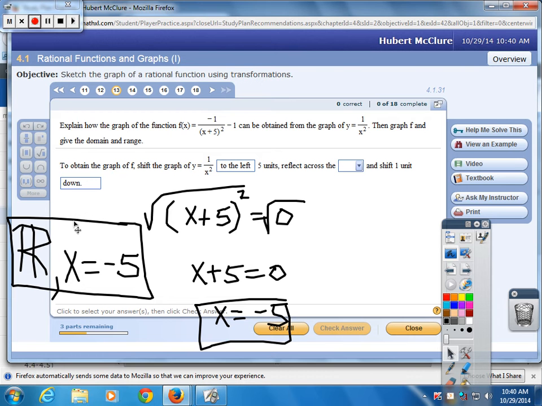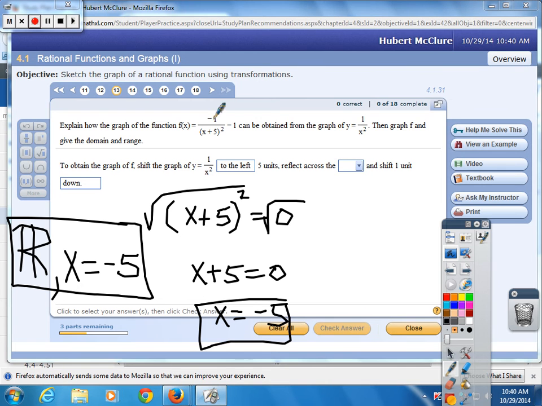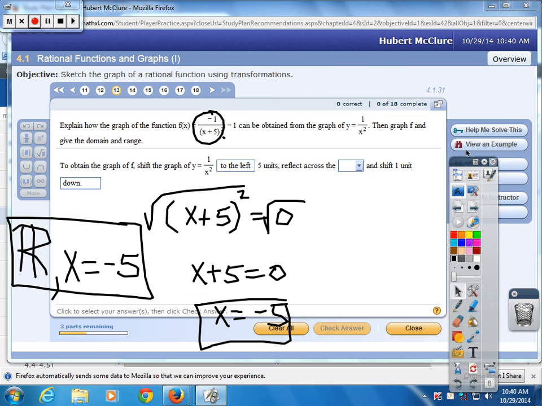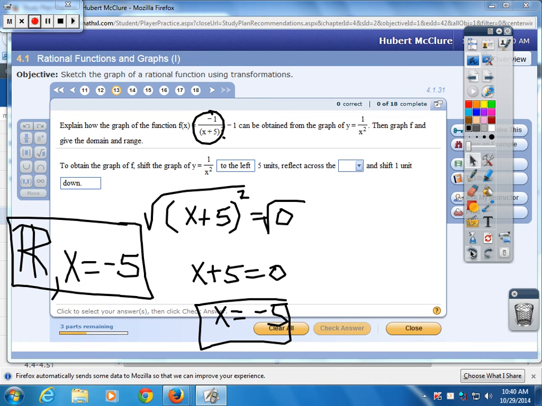Now, what is this? Just sketch the whole function. When you sketch it, what do you come up with? Well, the parent graph for this guy is the volcano, right? But what's wrong with this volcano?